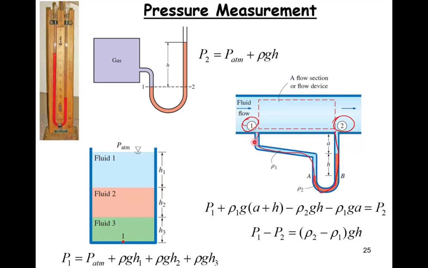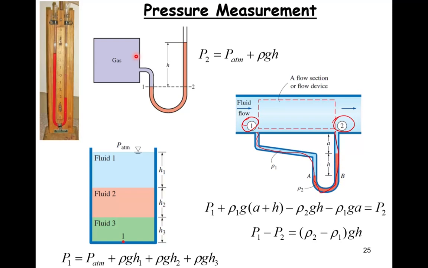It pushes the fluid inside and it is imbalanced. You can see the red color is standing at an edge higher than this point. Then the pressure difference between these 2 points would be rho g h due to this column.